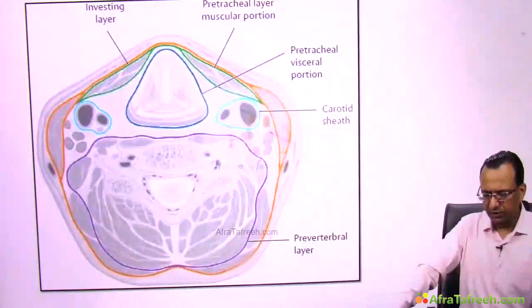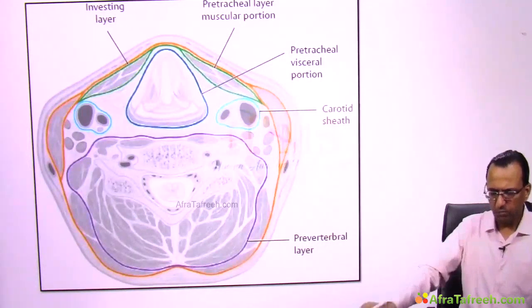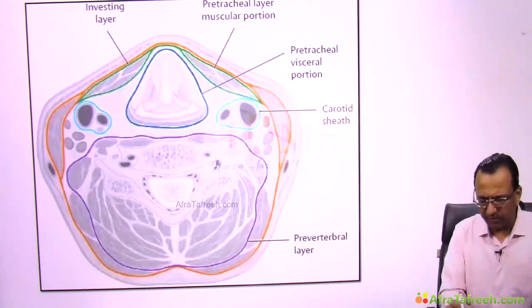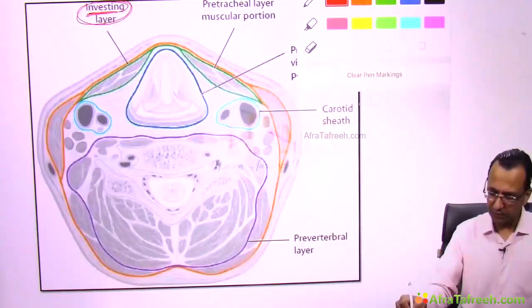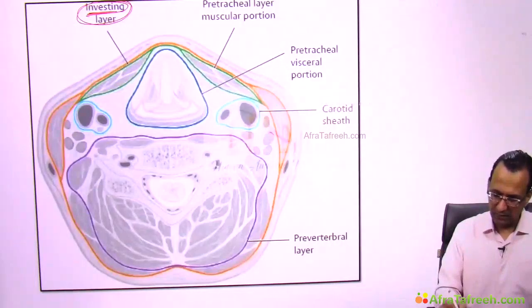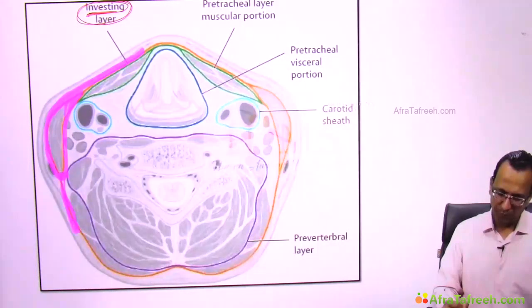I think this is the investing layer, most superficial. Now, when you say this is the investing layer, most superficial, I think it is splitting and enclosing some muscle. Yes, and it is forming the roof of the posterior triangle.